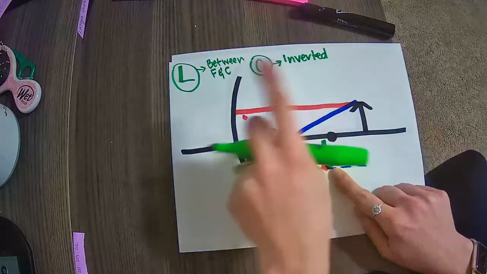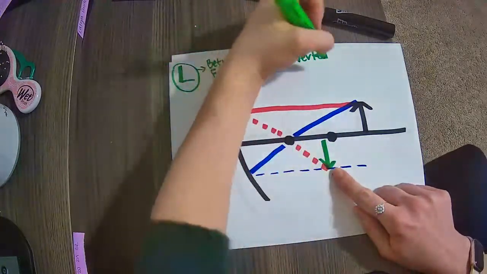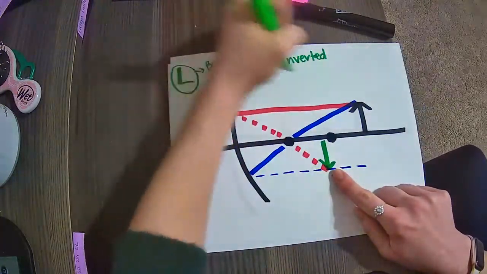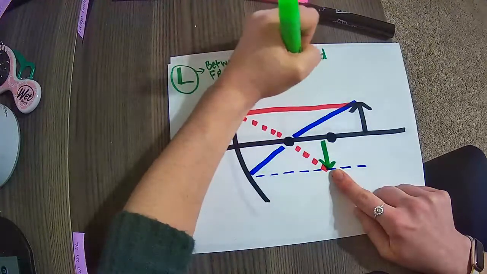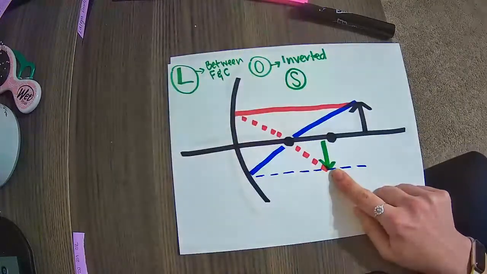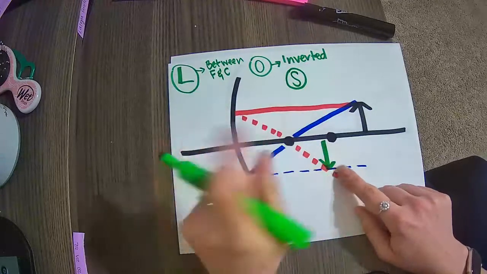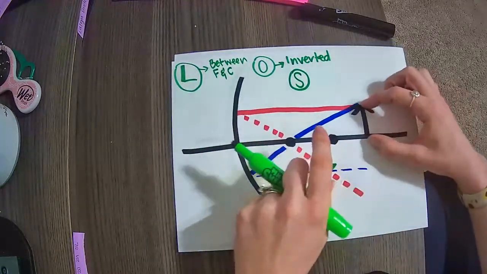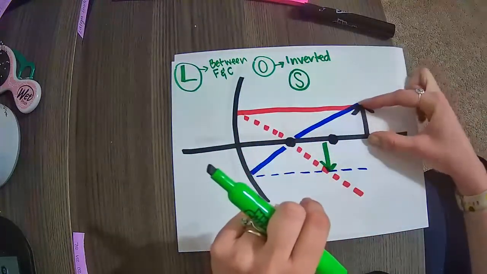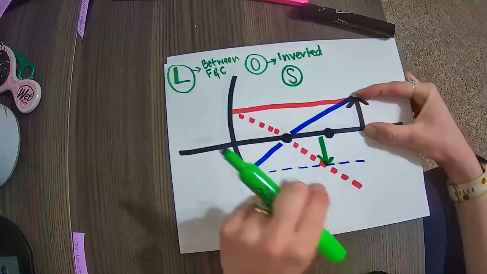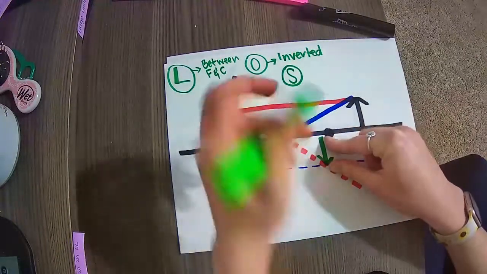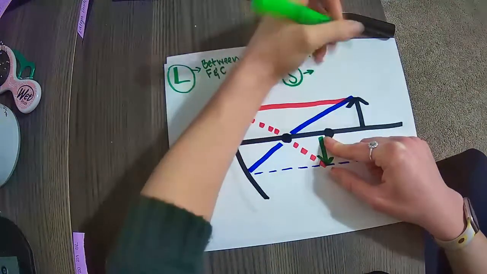All right. S is going to be the size. So I'm going to go down here so I have a little bit more room. S is the size. And if you were to take a ruler, you should be able to see that this arrow, the original, the object, is going to be larger than our image. So the size is going to be reduced.